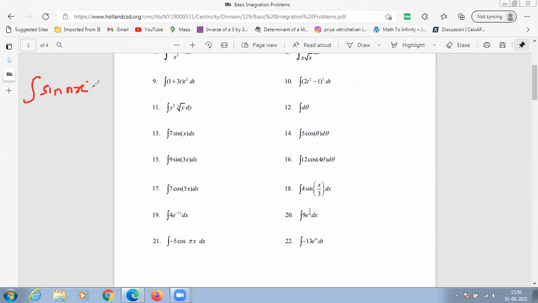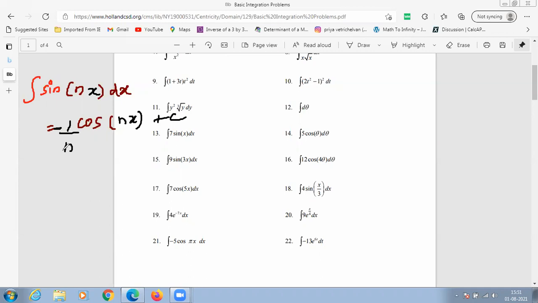Integral sin nx dx is nothing but minus 1 by n cos nx plus c.